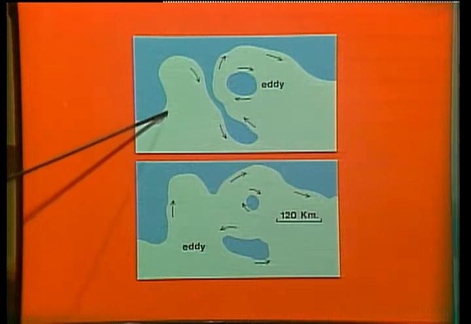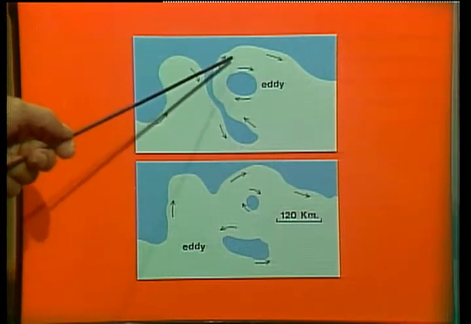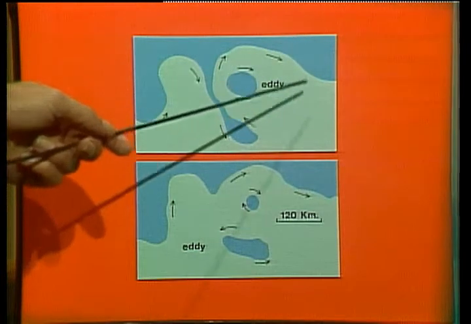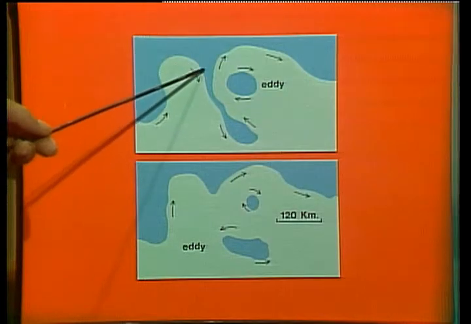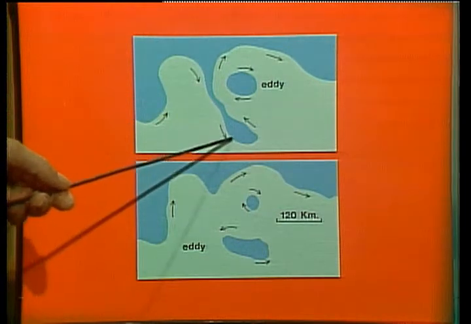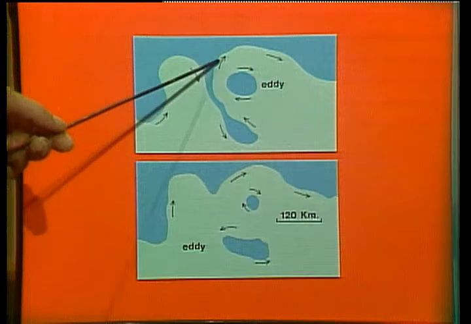And a very peculiar thing was noticed in the 1950s in the Gulf Stream, which we have illustrated in this diagram. Here we have the Gulf Stream, and what I've indicated is the cooler waters to the north in the blue and the warmer waters to the south in the gray. Now, in 1950, during an expedition to track the Gulf Stream, it was noticed that the Gulf Stream had meandered in this fashion and had formed a great loop to the south, and then returned on its course and proceeded to the east.